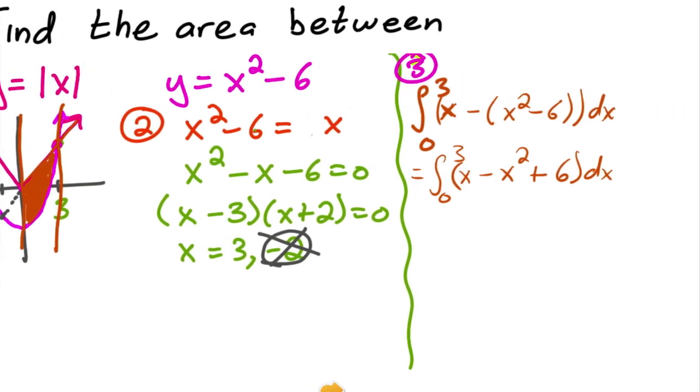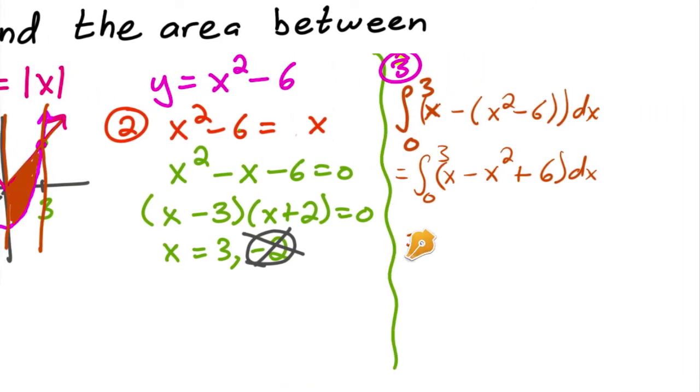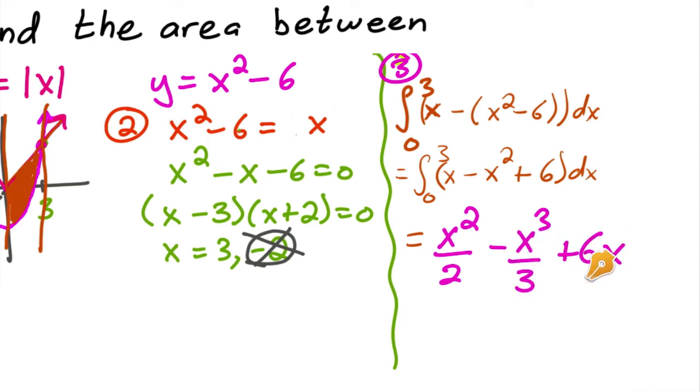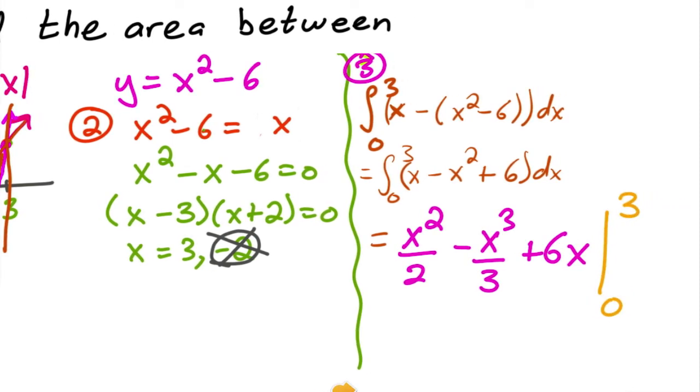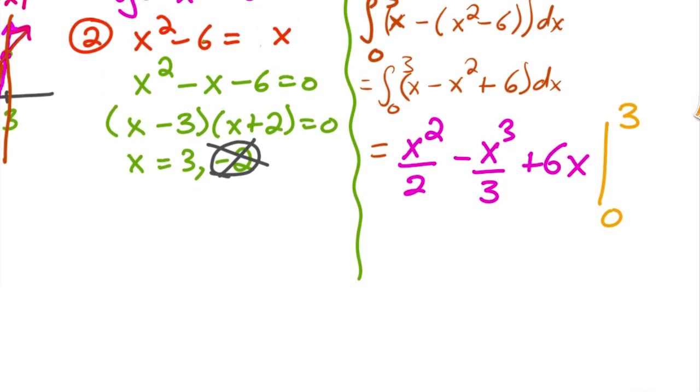Okay, let me get a little bit more room here. So this is equal to x squared over 2 minus x cubed over 3 plus 6x, evaluated from 0 to 3. Okay, so now plug everything in.